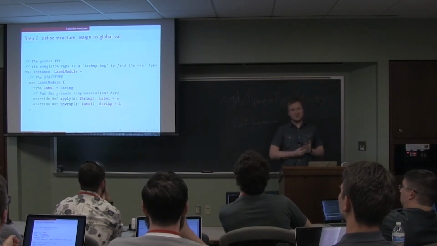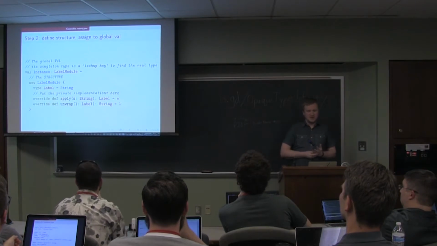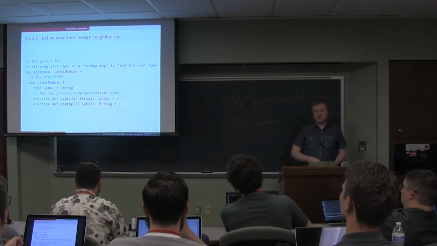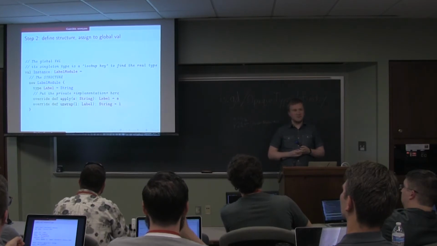And that's what makes it opaque. Because the Val's type is just label module, we don't know anything about what's in the structure based on that declaration. We just know that it's a valid instance of the signature. So that's it. You could do this even before any AnyVal subclasses existed to get wrapper-free new types.